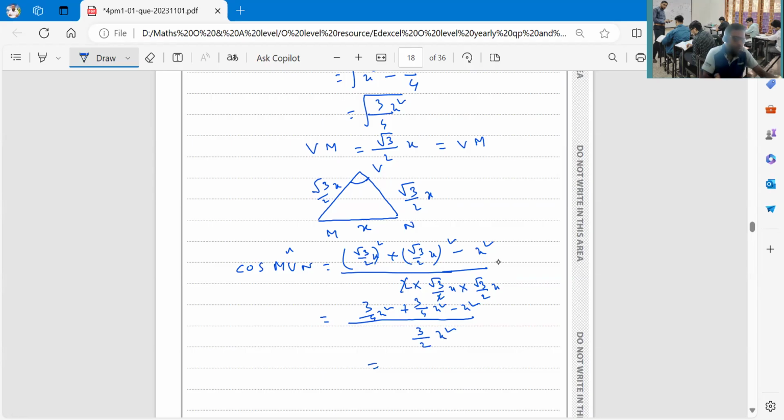So half x square divided by 3 by 2 x square. So x square cancels, and this denominator 2 cancels, and you will get numerator 1 and denominator 3.